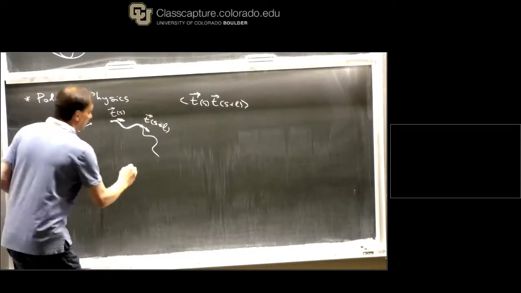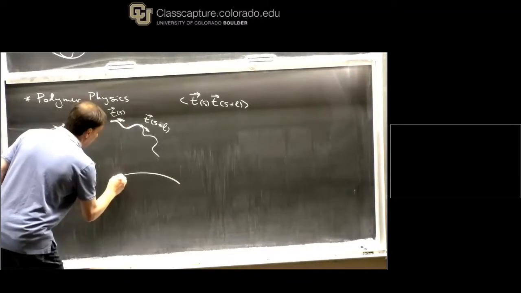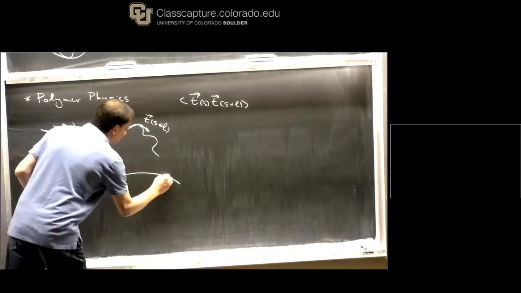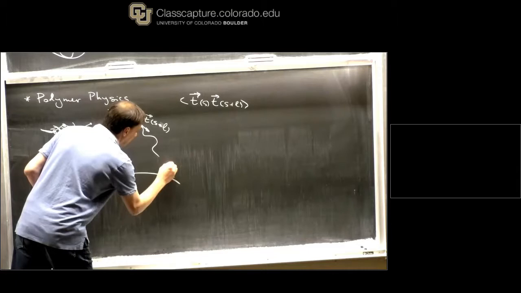So for example, if this piece of DNA were like that, then these two angles would be basically the same, right?